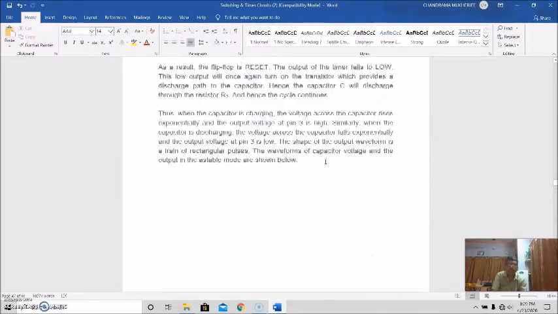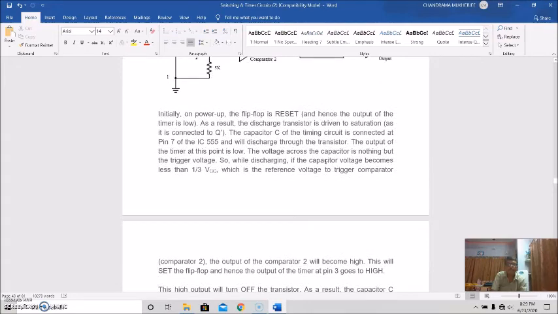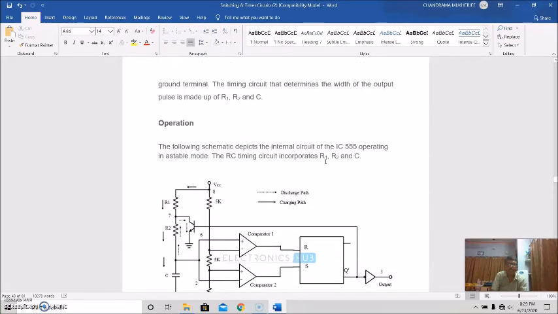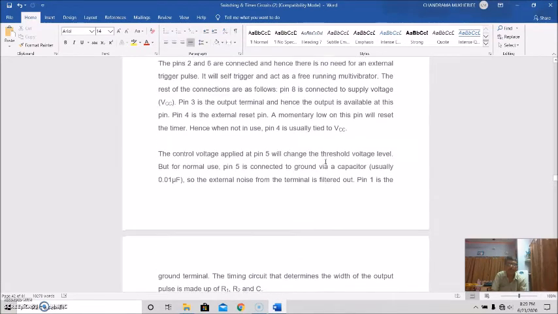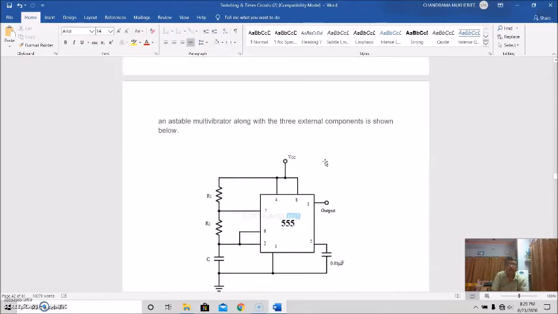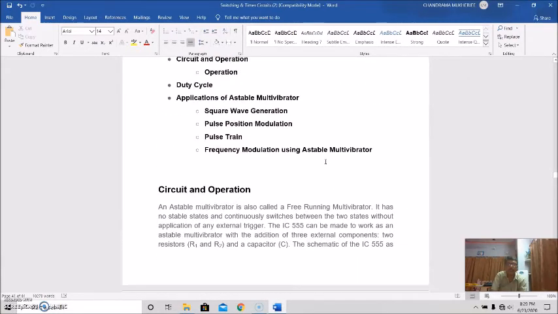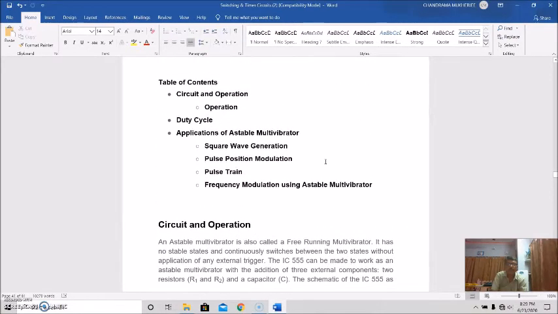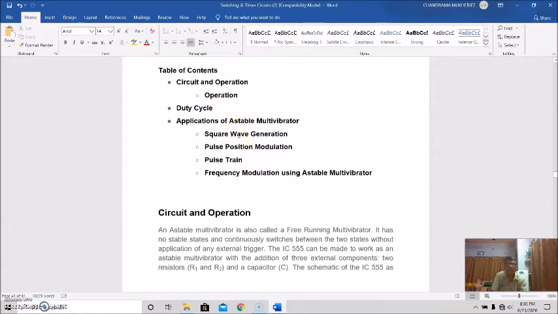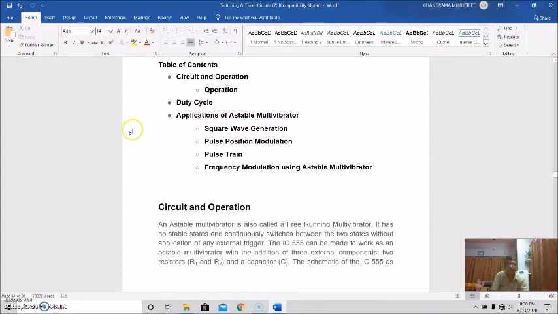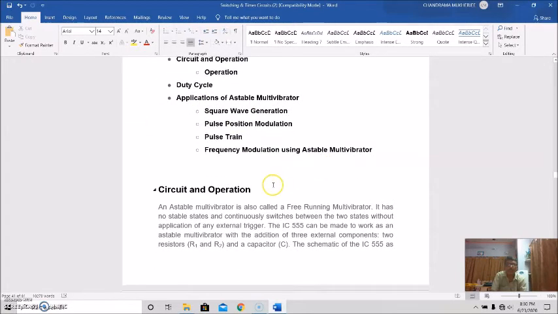Here it is actually how it was operated. See, here we have discussed circuits and operations. We have discussed duty cycle. We have discussed applications of Astable multivibrator as a square wave generator.